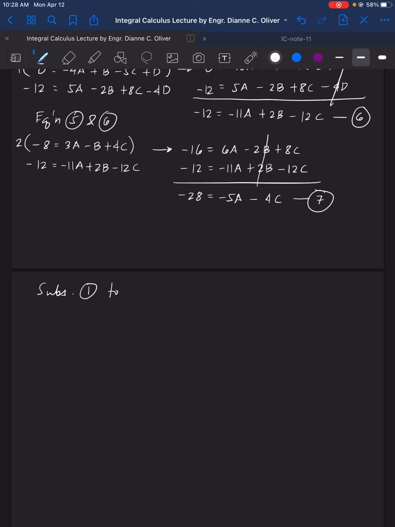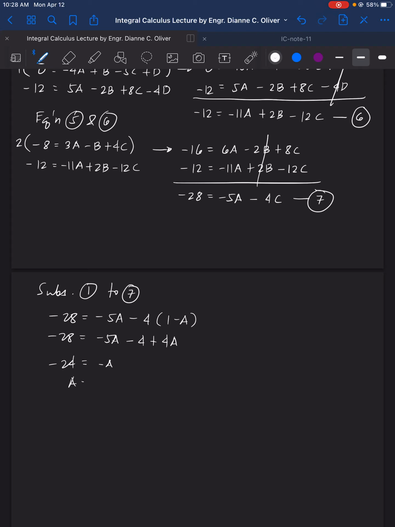equation 1 to 7. So we have negative 28 equals negative 5a minus 4 times 1 minus a. Negative 28 equals negative 5a minus 4 plus 4a. So negative 24 equals negative a.